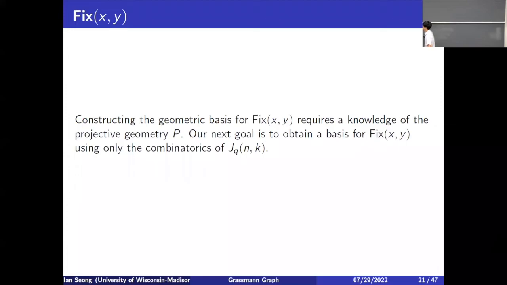All right, so one thing we observe is that the construction of this geometric basis requires knowledge of the projective geometry P. So what we're going to do next is try to obtain a basis that doesn't involve a projective geometry, but only involves the combinatorics of this Grassmann graph.